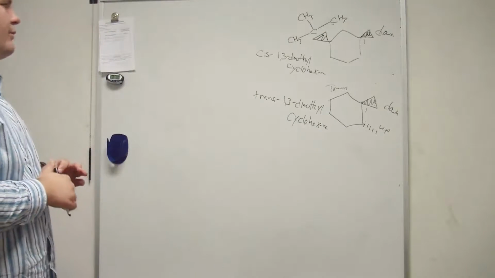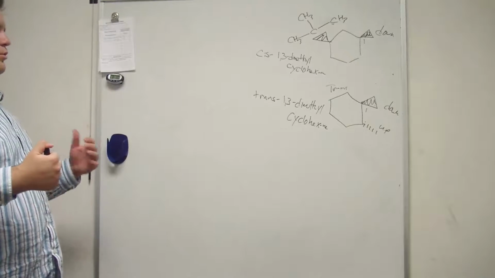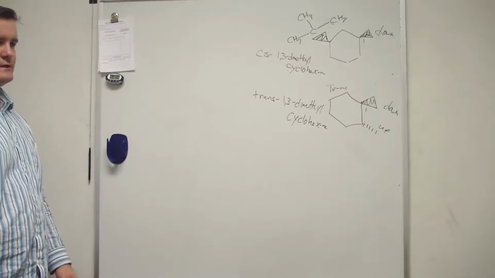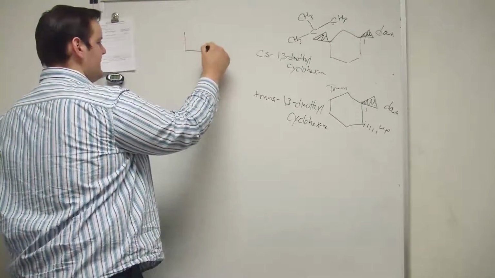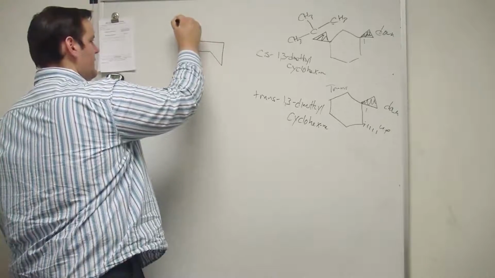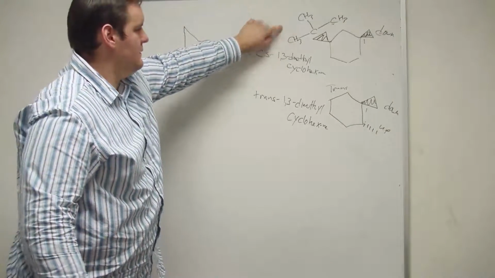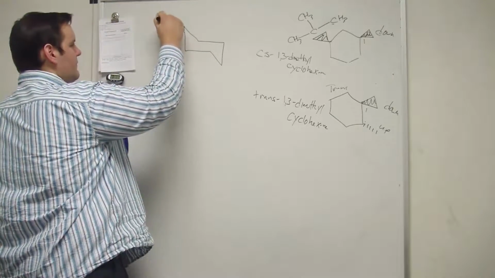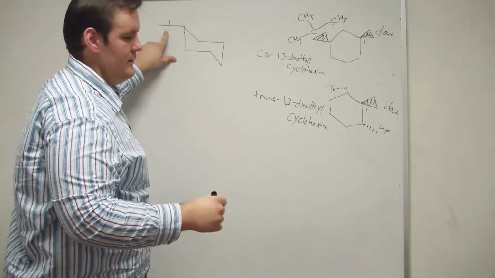And so a lot of the problems you'll do in the back of the chapter might be like, oh, cis-1-tert-butyl-3-methylcyclohexane. And so what we'll do, our thought process, is we draw our chair conformation. And our tert-butyl is the biggest group. So we're going to put him in the equatorial position here.